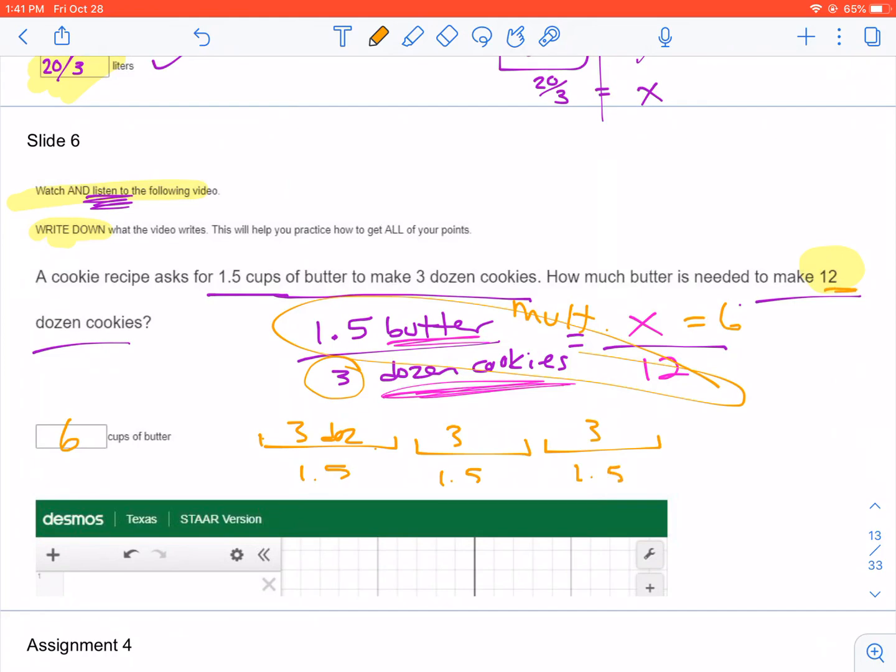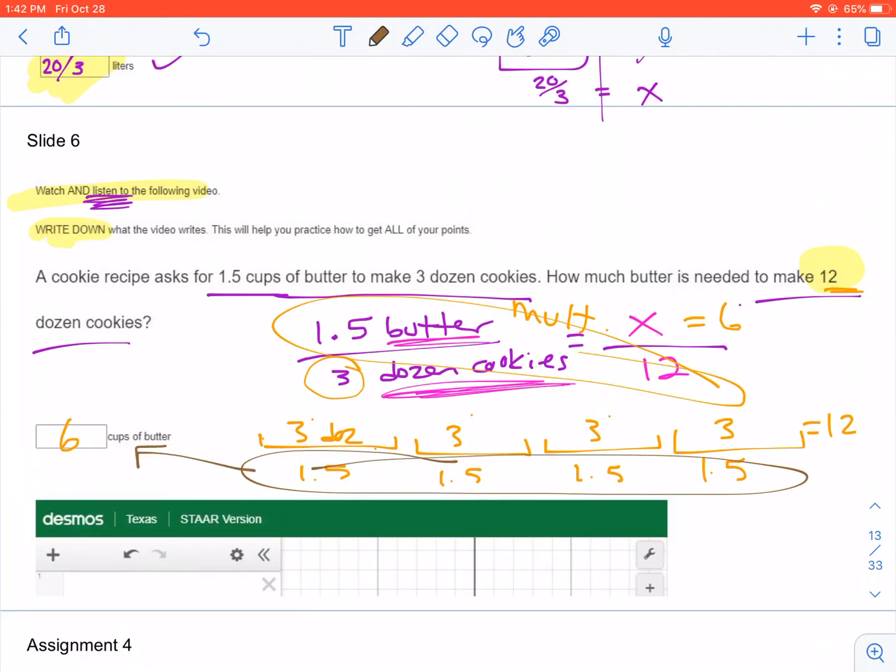And we're trying to get to 12 dozen cookies. 3, 6, 9, we need one more. 3 more dozen cookies, so that equals 12 dozen cookies. And another 1.5 cups of butter. And so then you can add up these bottom numbers, and you can also get your answer of 6 that way. So that's another way to do the question, another way to check yourself.